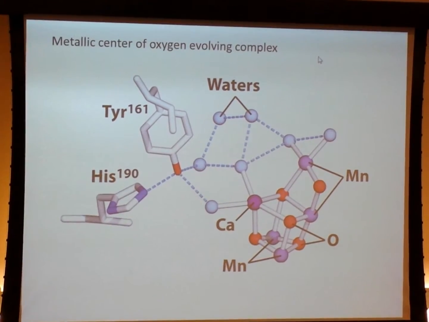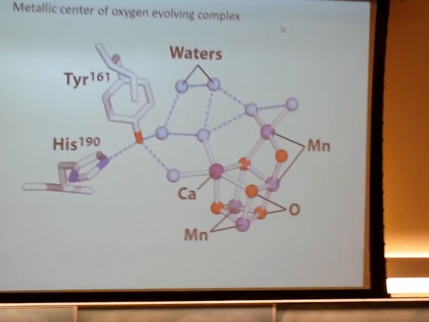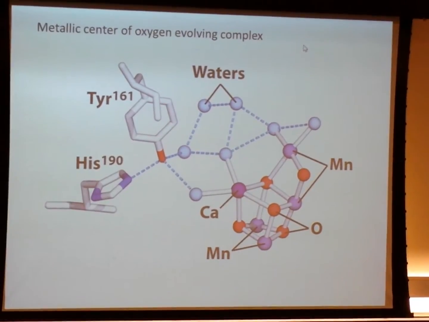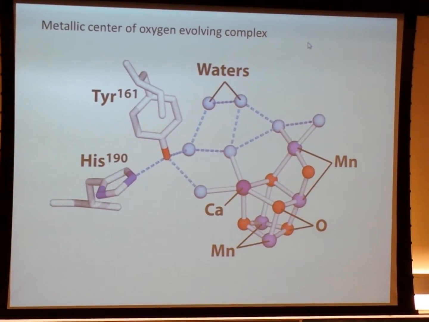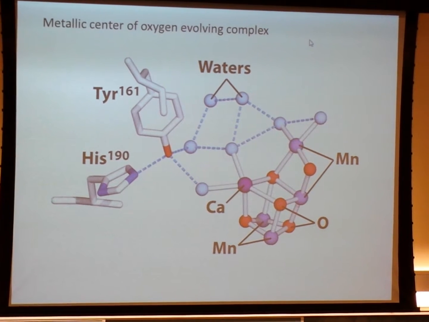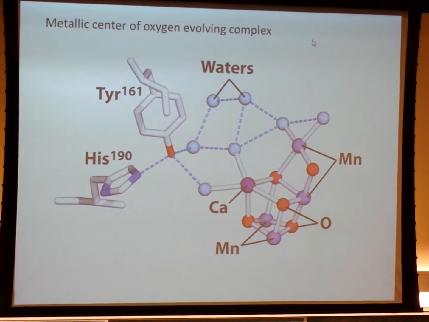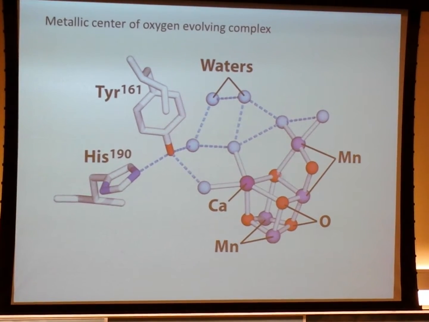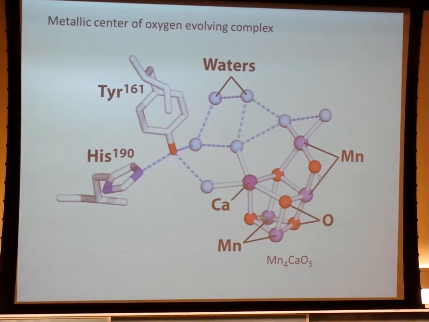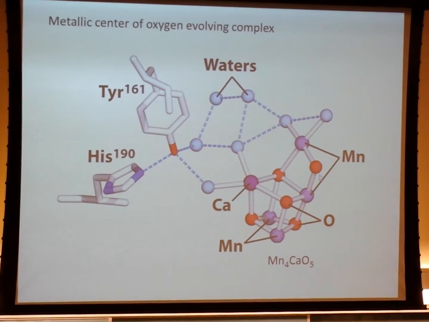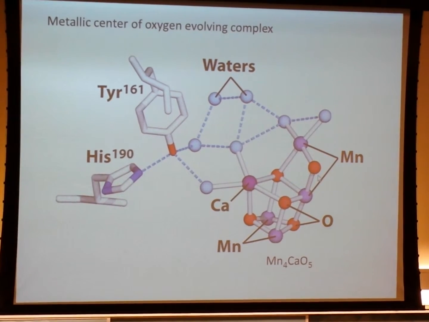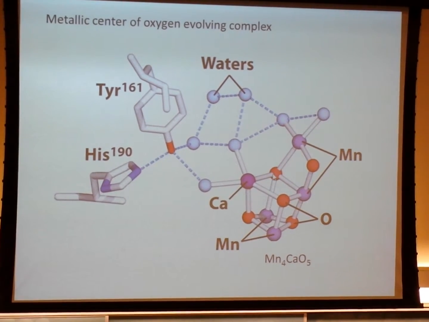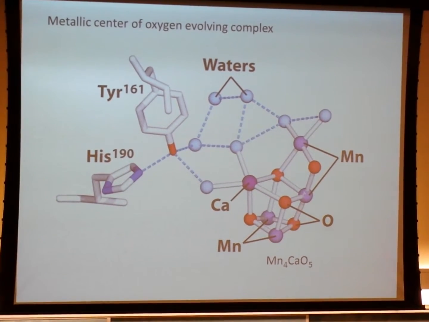Here is a look at this oxygen evolving complex. It is a model because, as I said before, it's hard to take X-ray structures that don't disturb the atoms. So this is our best guess as to what this thing looks like. It's got a number of oxygens, 5 of them, that are oxygen atoms.